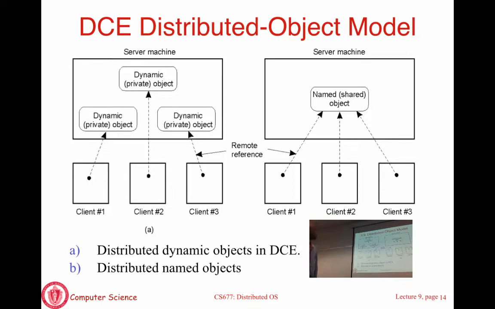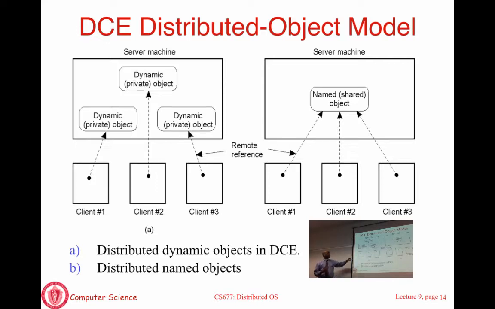Okay? So in the DCE world, there was this notion of a distributed object. Objects could be distributed across multiple machines. A client will call methods on objects and you will basically make RMI calls to wherever the method resides. And they actually had this notion of a named object and an anonymous or a private object.